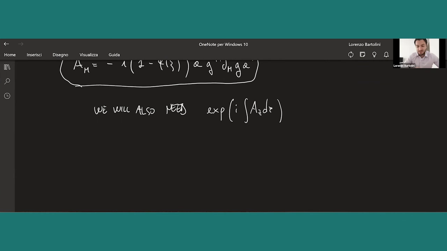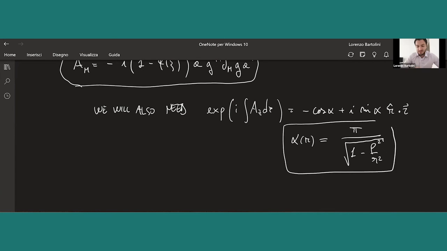And we can expand this as minus cosine of alpha plus i sine of alpha, r-hat, a unit vector, times tau, where alpha is a function of r because we integrated over z, so it's only a function of three-dimensional distance, and it's pi over 1 minus rho squared over r squared. Okay, so this is everything we need to do our computation.